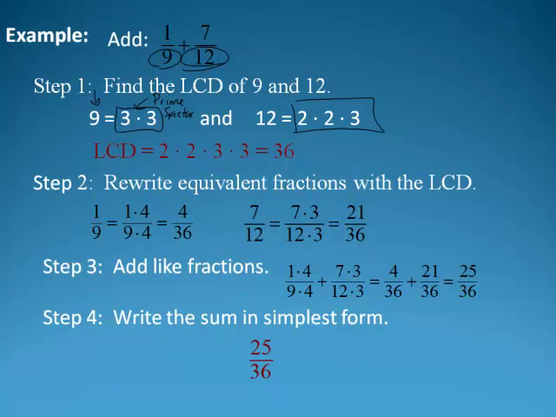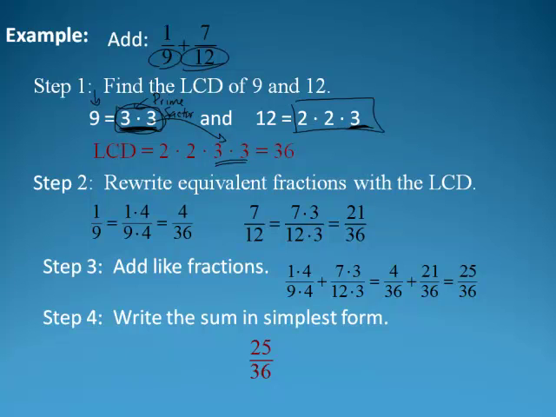Now, look at all of the factors in those two denominators. Let's start with 3's. Notice that there are 2 3's that appear in the 9, and there's 1 3 that appears in the breakdown of 12. Pick the bigger of those 2 times to write. Since 3 appears twice here, it also has to appear twice here in the least common denominator.